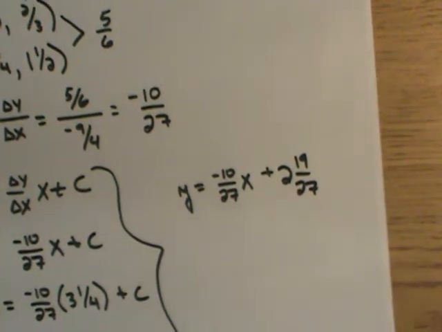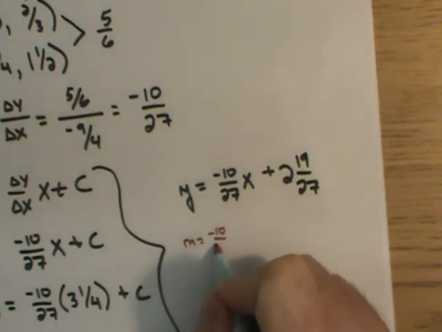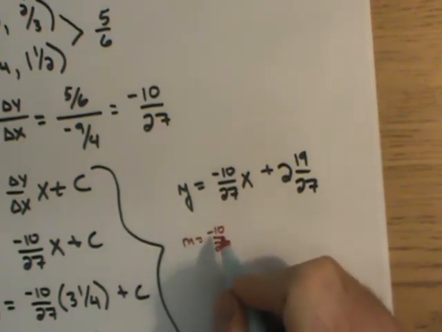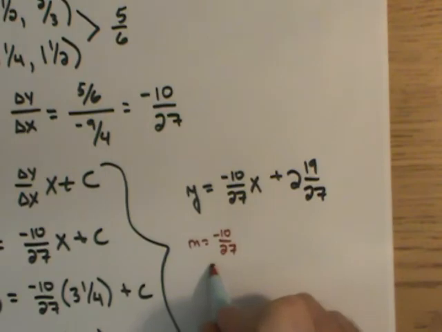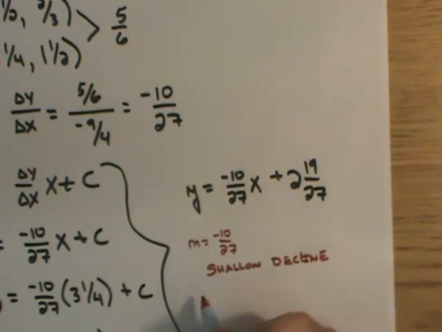As I describe this, I can say because of the slope being negative 10/27, that's a proper fraction. That would be a shallow decline because it's negative, and the y-intercept would be located at 0, 2 and 19/27.